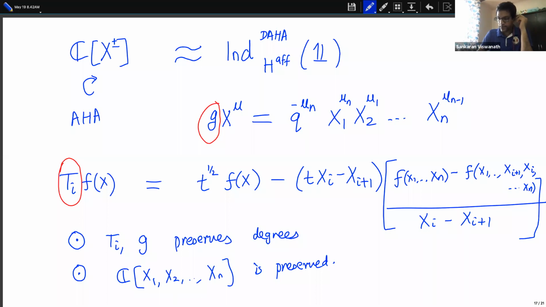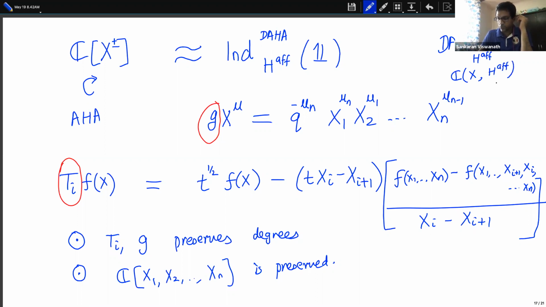Then the induction process is like saying, now I induce this to the entire DAHA. Now, what is the resulting space? In some sense, the DAHA itself has the x's, and then there's the affine Hecke algebra.